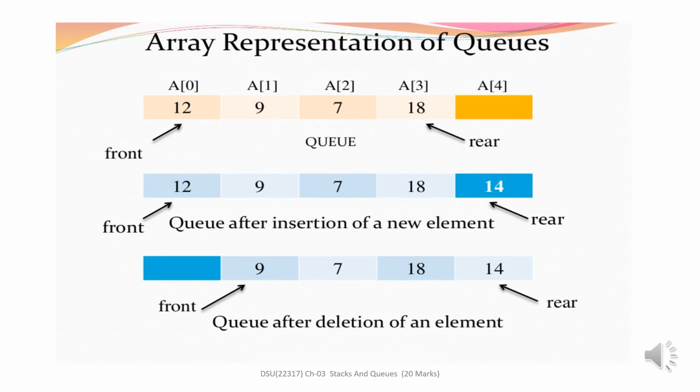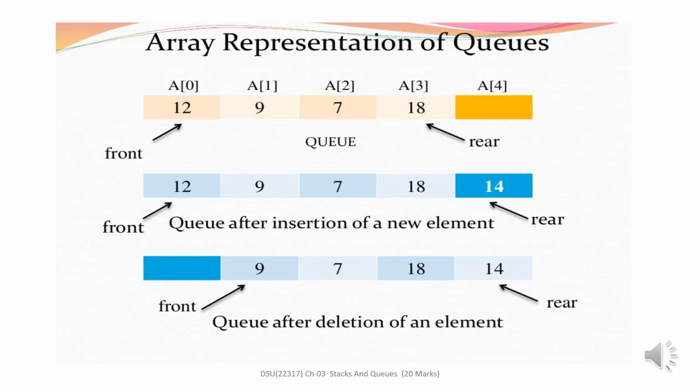This is the array representation of a queue. A of 0, A of 1, A of 2, A of 3, A of 4 are the array indices, and 12, 9, 7, 18 are the elements in the queue. In this array representation, 12 is the front and 18 is the rear. A of 0 is 12, A of 1 is 9, A of 2 is 7, A of 3 is 18.